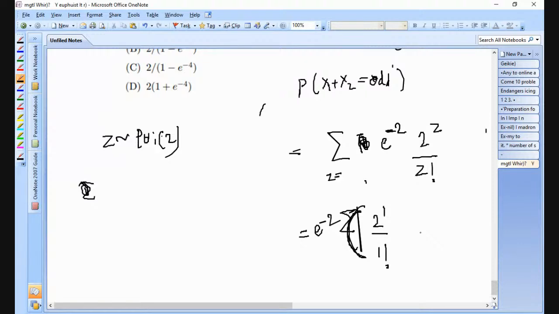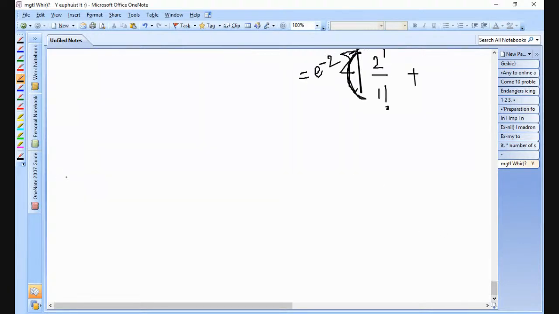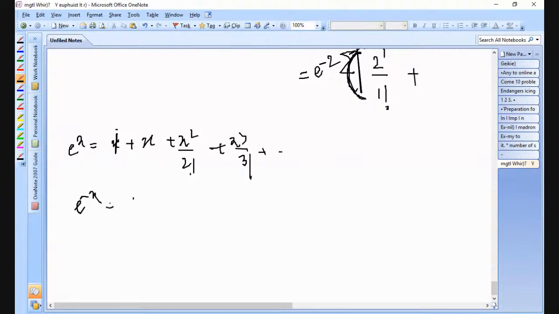So it is easily done. Exactly. If you find e to the power x, the expansion of e to the power x is 1 plus x plus x square by 2 factorial plus x cube by 3 factorial and so on. e to the power minus x is 1 minus x plus x square by 2 factorial minus x cube by 3 factorial.